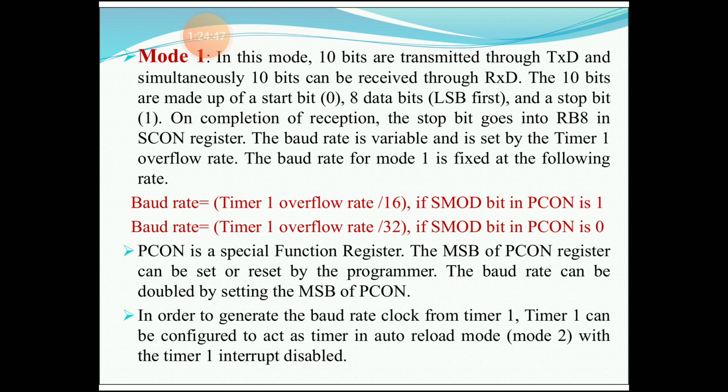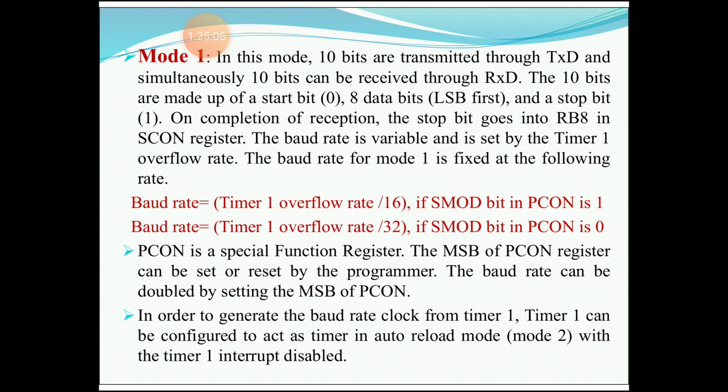Now mode 1 operation. In this mode, 10 bits are transmitted through TXD, and simultaneously 10 bits can be received through RxD. That is, full duplex operation is performed in mode 1.